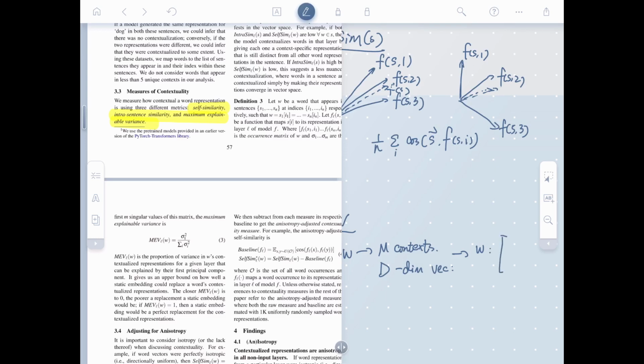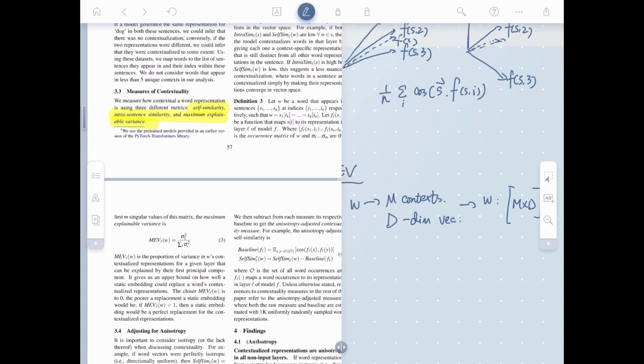essentially you can stack these vectors into an M by D matrix. Whereas in the non-contextualized word representations, regardless of how many contexts this word occurs in, the word is represented with a 1 by D matrix.